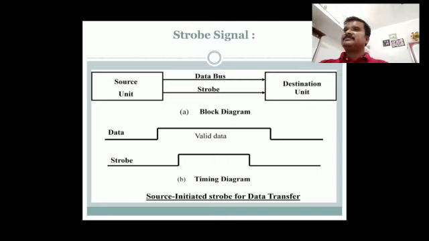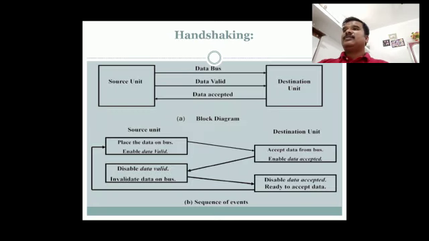Principle of handshaking. What are the principles of handshaking? The basic principles of the two-wire handshaking method of data transfer are as follows. One control line is in the same direction as the data flows in the bus, from the source to the destination.